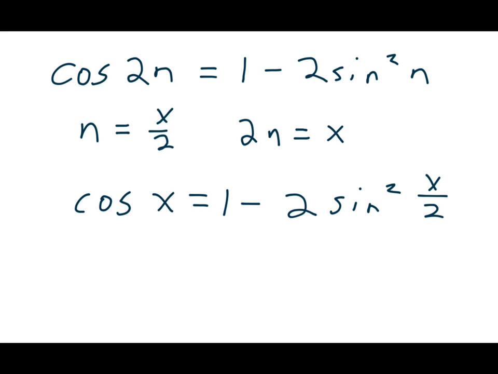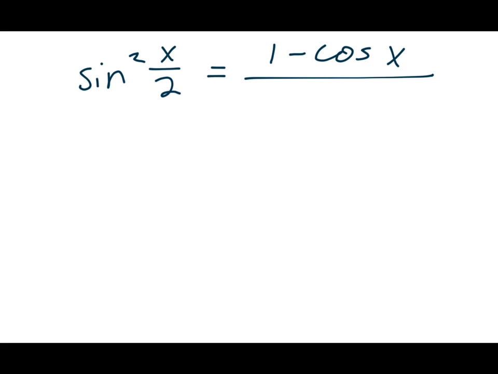If I swap these around, that gives me sine squared of x over 2 equals 1 minus cosine of x, and then I'll divide by that 2, and it gives me that.